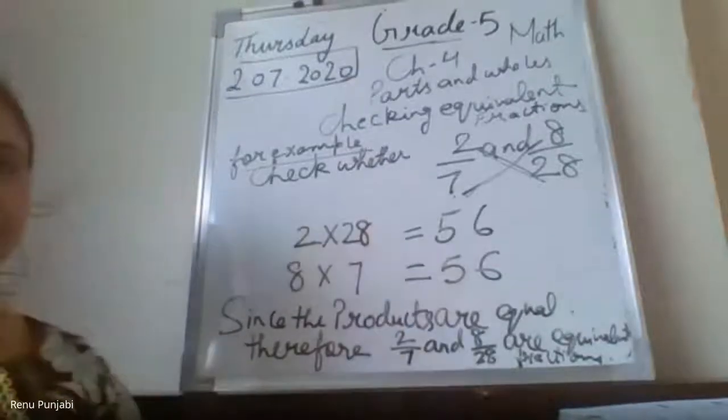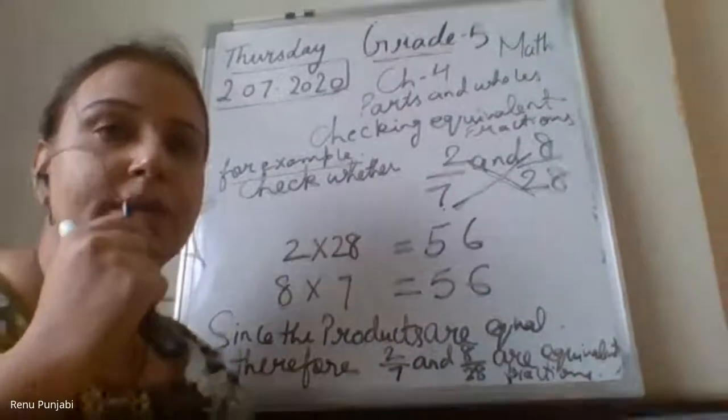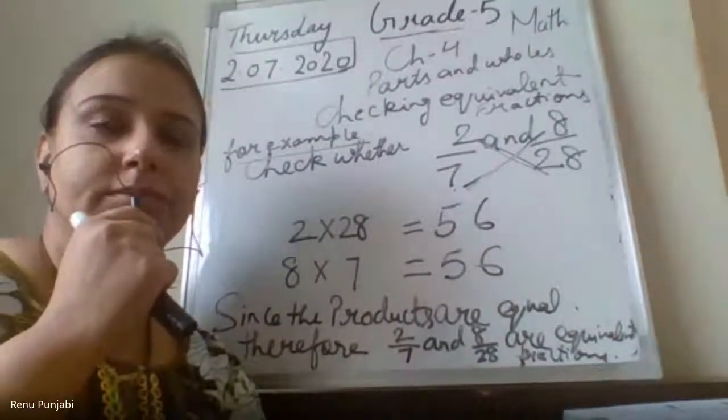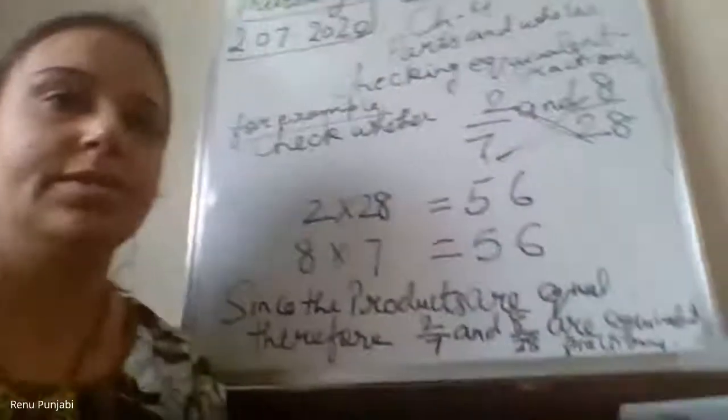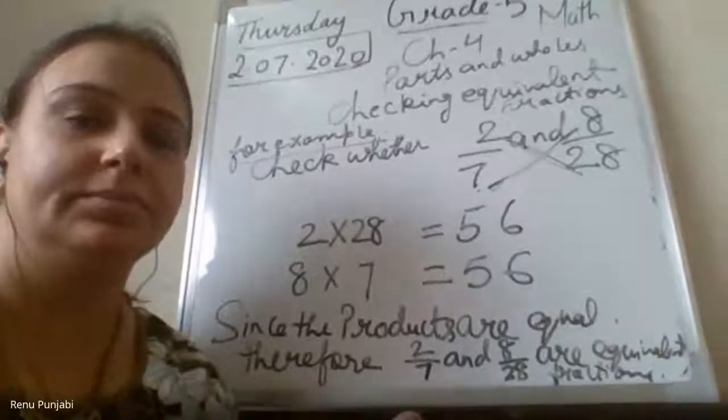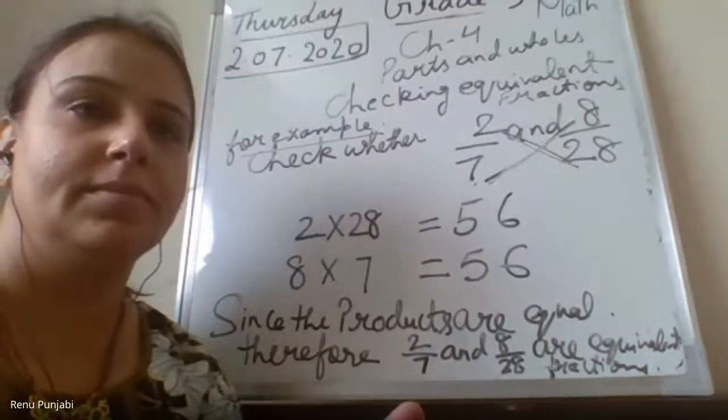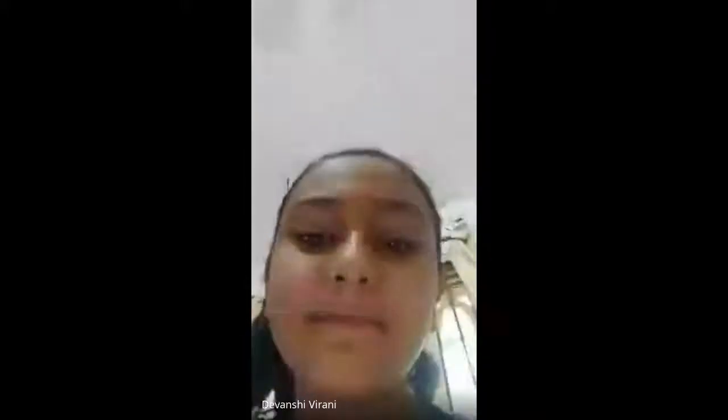The board is blurry. Yes, the board is visible, but what you wrote is not clear. Okay. Now, ma'am? Yes, ma'am. Now it is clear. Everything is clear. Carry on, and don't worry, I'm sending you the soft copy. Okay, okay.